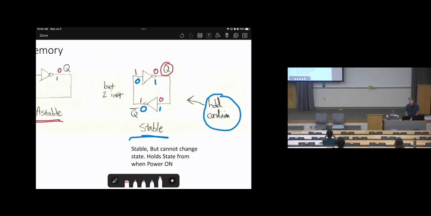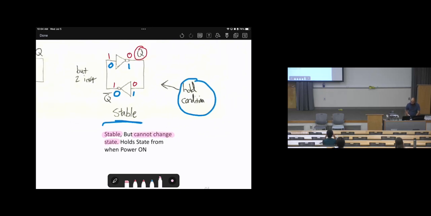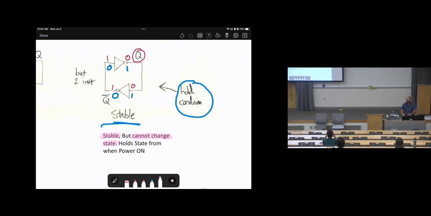But the drawback is that, even though it's stable, we cannot change the states. We store the data, and this data will be there forever. There is no way to change this. Sometimes I need to erase the data and store another data. What should I do? This scenario holds the states as soon as the power is on.